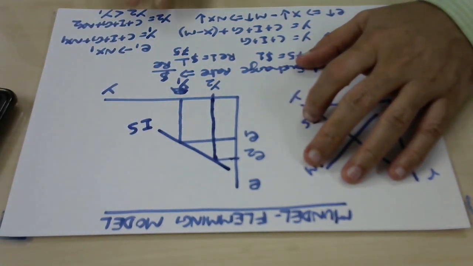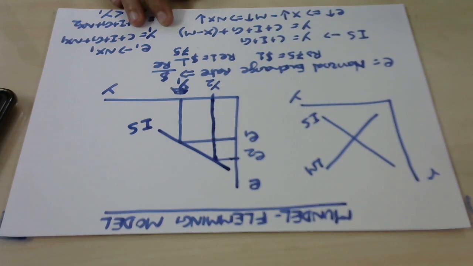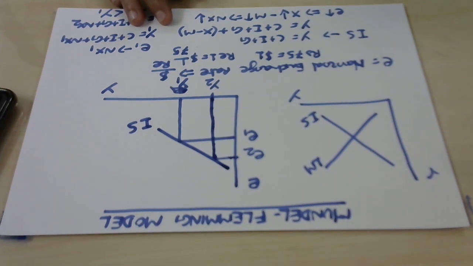Okay, and as far as the LM curve is concerned, we know that the LM curve was upward sloping in a closed economy model. Now in an open economy, we are considering a situation of a small open economy.